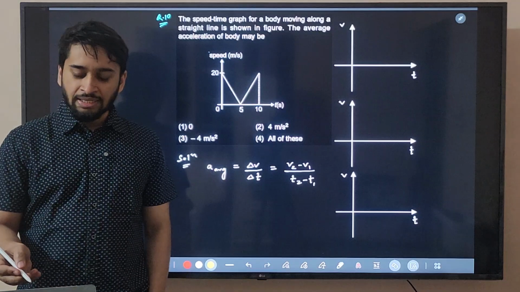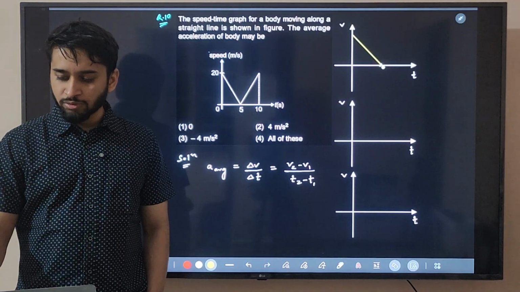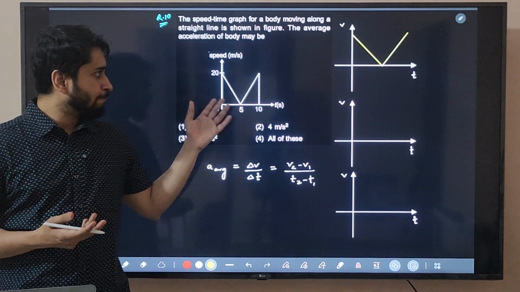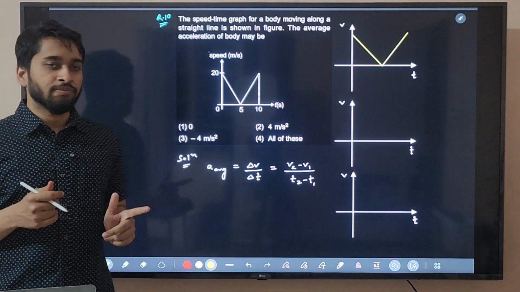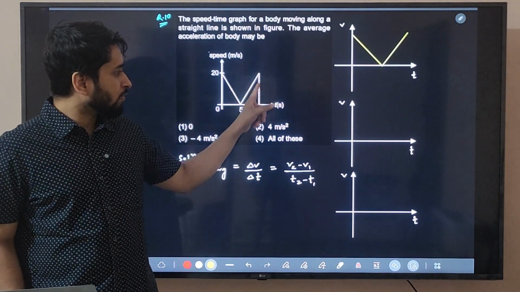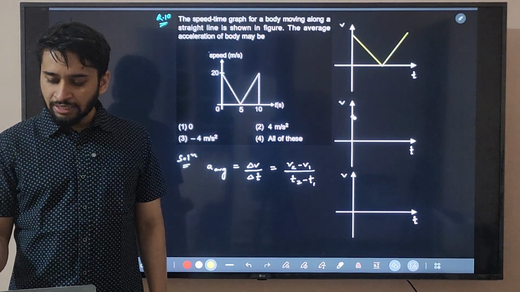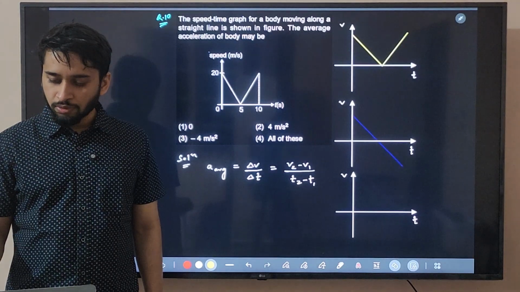One of the possibilities is that the velocity varies like this, exactly like the speed time graph. Now, velocity can be negative, but speed cannot be negative. What if, for this part, the velocity was negative? So there could be a possibility like this, where the velocity time graph could be like this also.